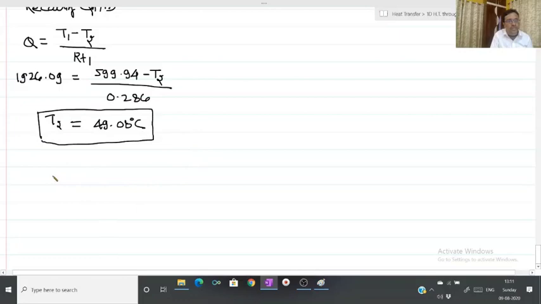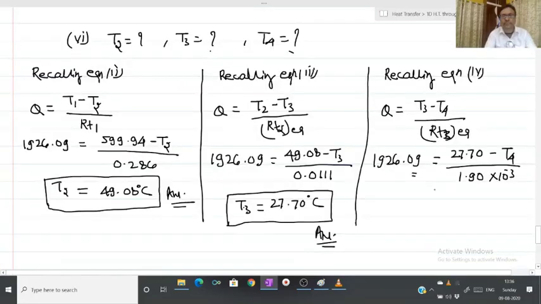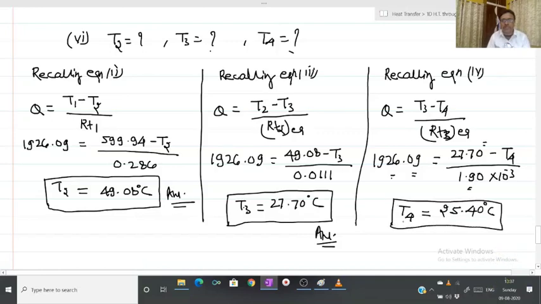So there is a tremendous drop in the temperature at the interface, because after putting the value of heat transfer rate, temperature T3 and equivalent thermal resistance of slab 3, T4 could be calculated as 25.40 degrees Celsius, and this T4 is slightly higher than T5 value, that is 25.14 degrees Celsius.